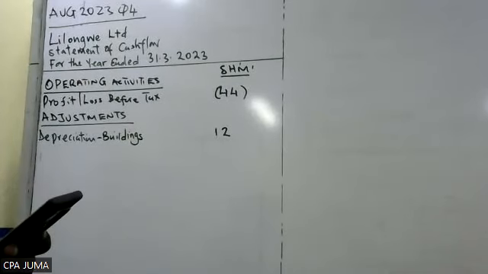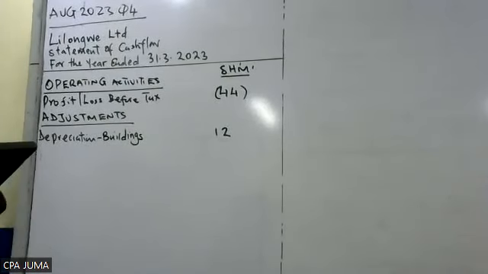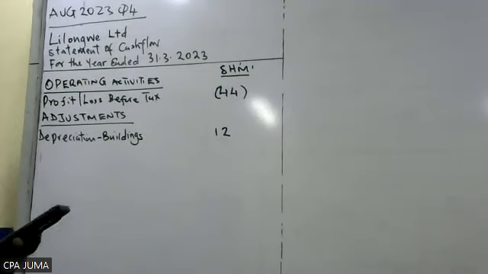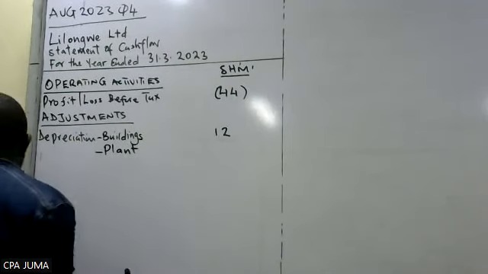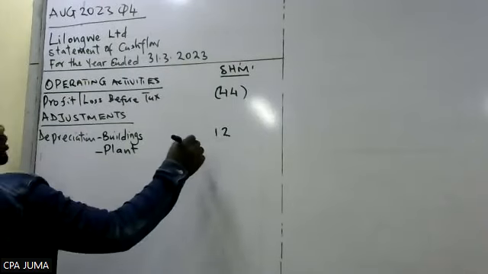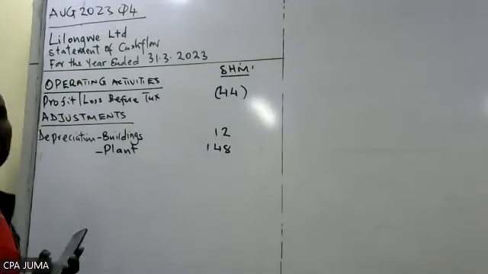Then check depreciation expense in relation to plants. Yes, 148. Plants, I can see depreciation. Depreciation on plants is 148.